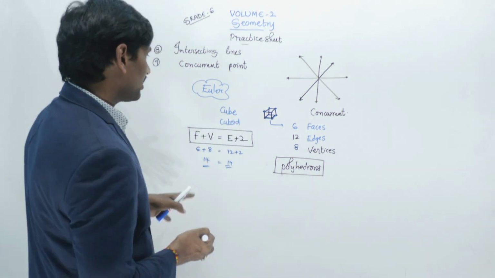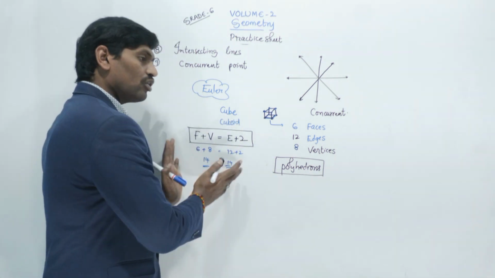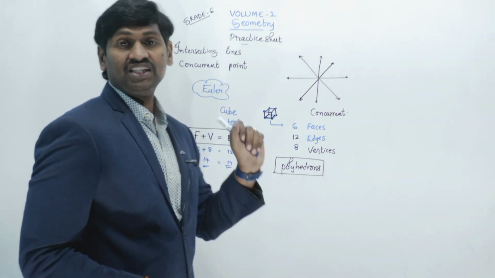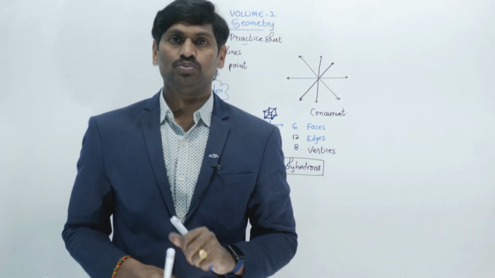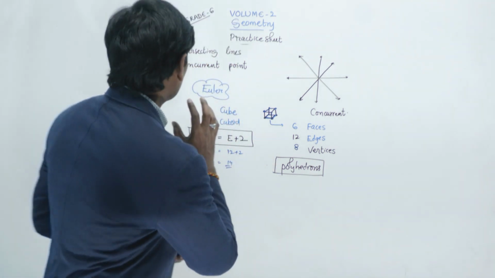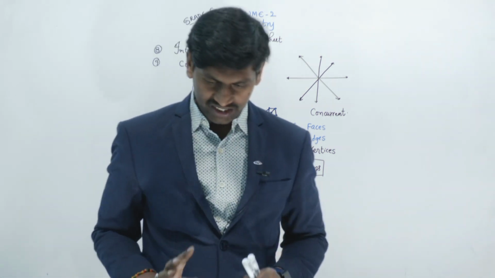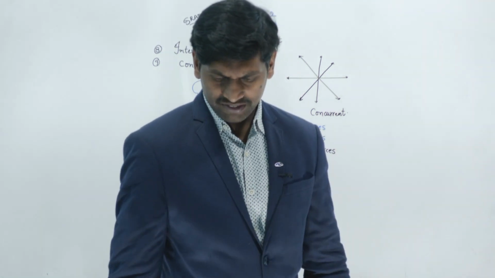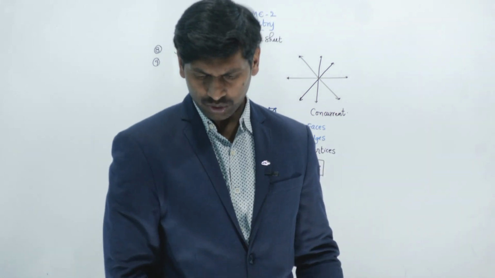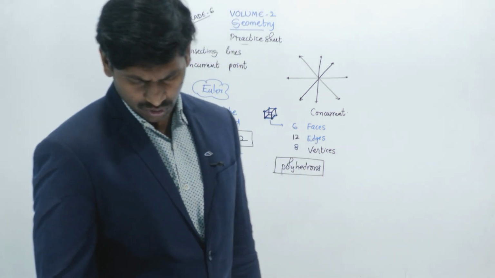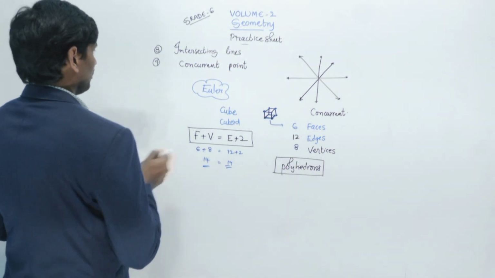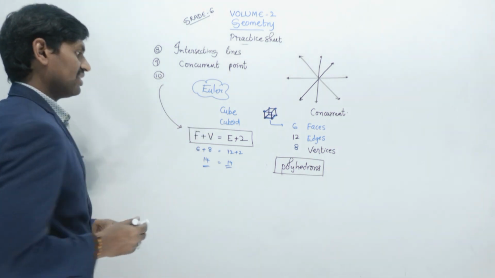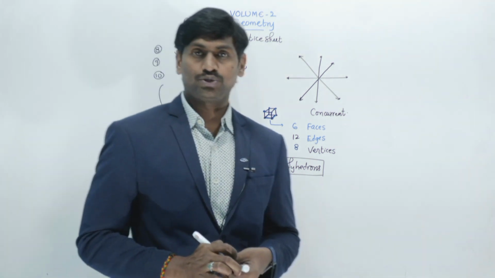All polyhedrons follow the Euler formula, that is, faces plus vertices equals edges plus 2. The 10th question is also given based on the same concept. So for the 10th question, it will be the first option. This is the answer: faces plus vertices equals edges plus 2.